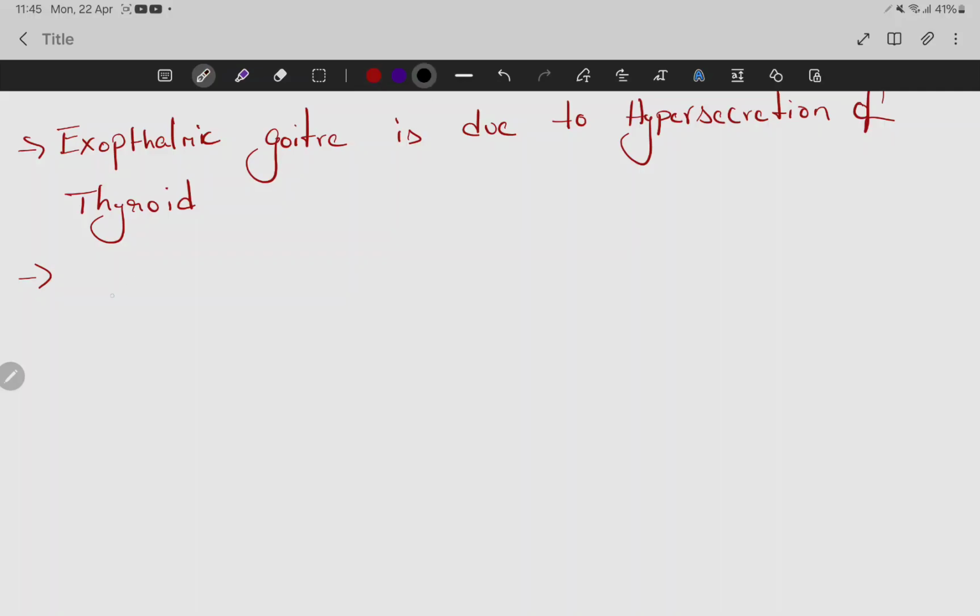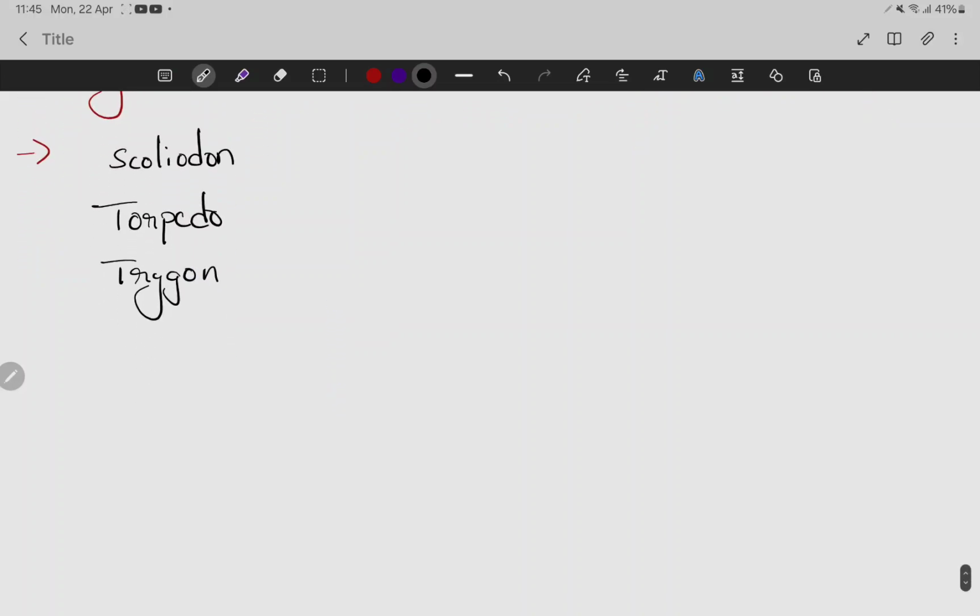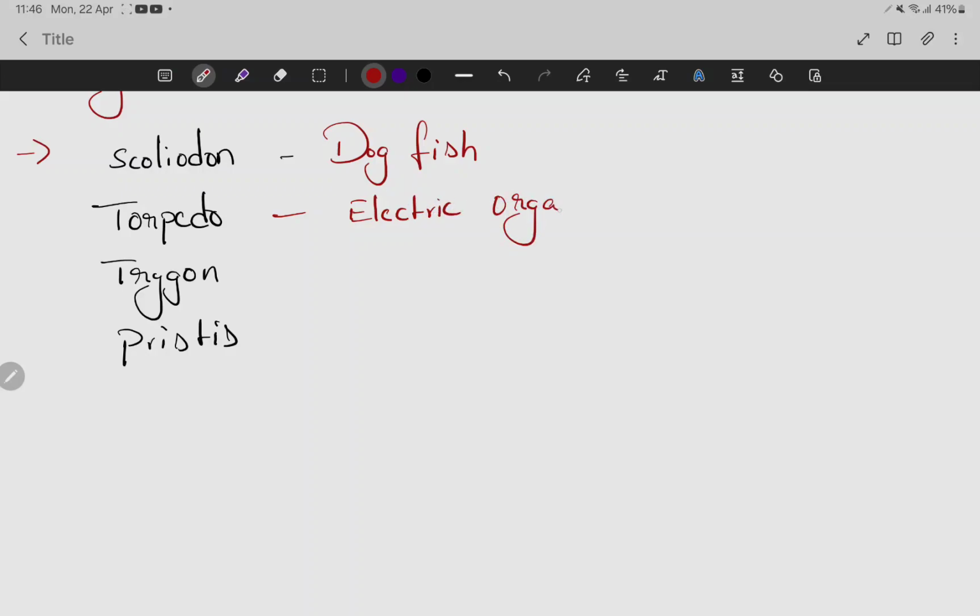Scoliodon, Torpedo, Trygon, Pristis. Scoliodon is dog fish. Torpedo is electric ray. Electric organ is present, so we call it as electric ray. Trygon, sting ray. Pristis, sawfish.